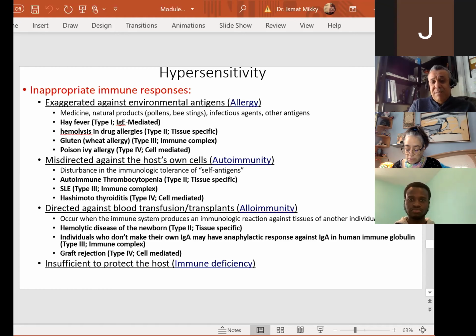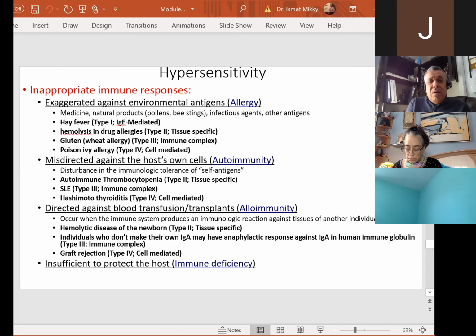Patients with SLE, for example, systemic lupus erythematosus, it's a type 3 immune complex, because there is an antigen antibody complex that is going to destroy most of the systems, mostly the kidneys and renal system, for example. So SLE is a type 3 reaction because it's an immune complex.